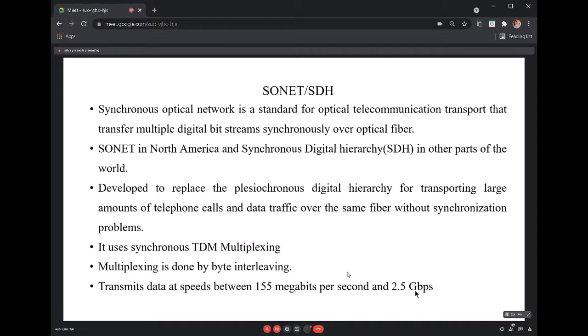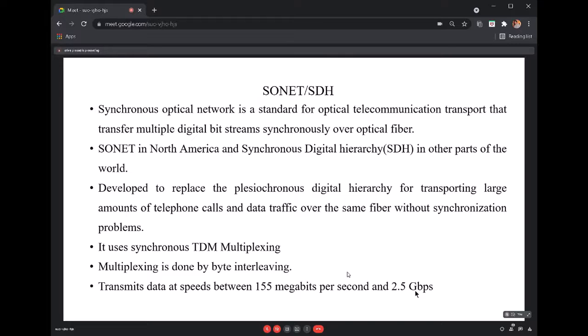Higher rates are designated with STM-1, synchronous transport module. For example, STM-3: the basic level is 51.84, multiplied by 3, so it is 155.52.